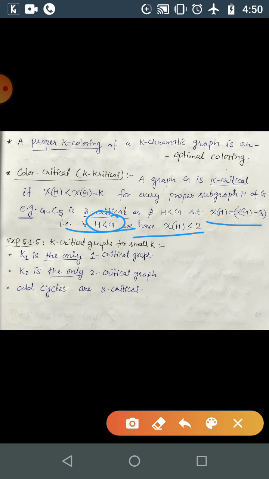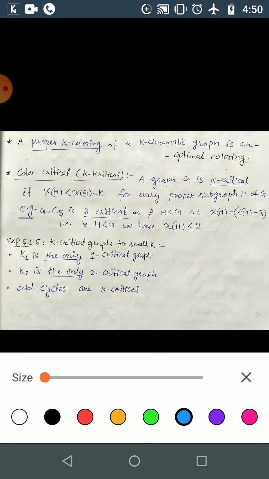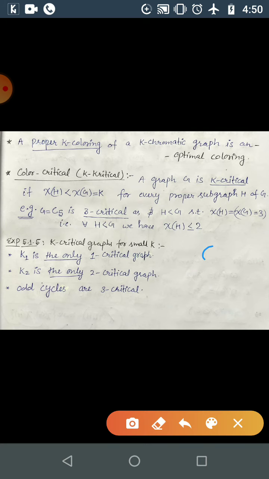Now some more examples for k-critical. Whenever k is 1, only the trivial graph is 1-critical, that is K1.